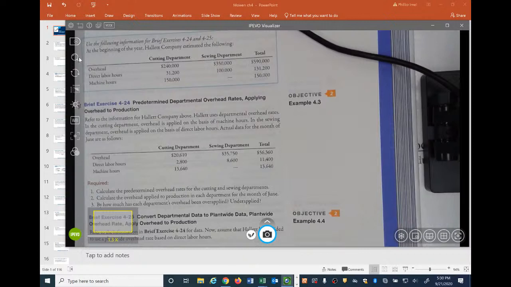How y'all doing on number 1 on the predetermined overhead rates? I think y'all have it. Y'all want to try to work through it real quick?